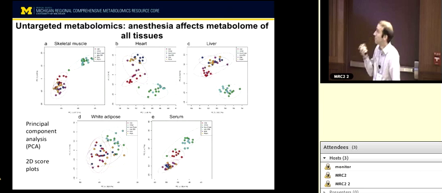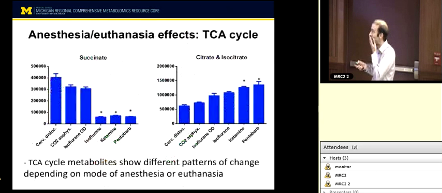Let's look at a few of them in a more familiar sort of bar graph format. So in skeletal muscle, looking at hexose monophosphates, the modes of euthanasia induced higher levels of hexose monophosphates compared to the modes of anesthesia. And so what we think is going on here is, not surprisingly, that the tissues become hypoxic relatively quickly following a cessation of blood circulation and respiration.